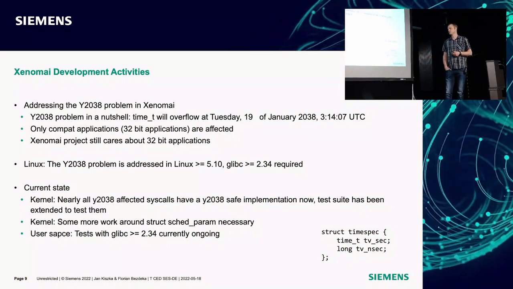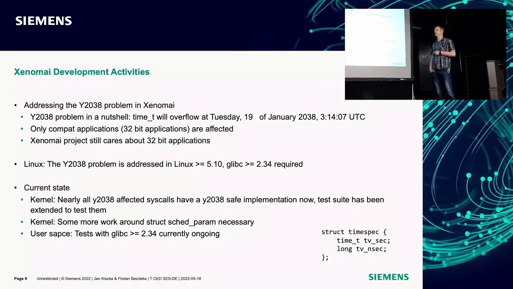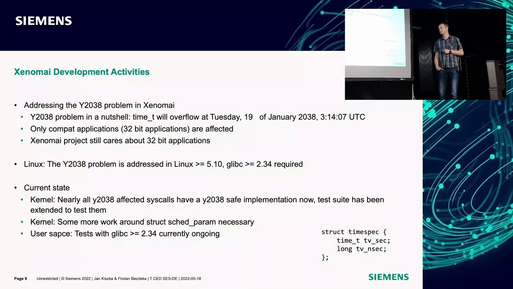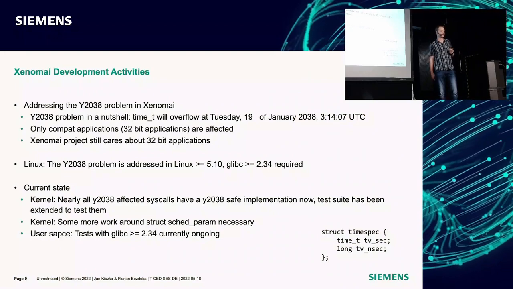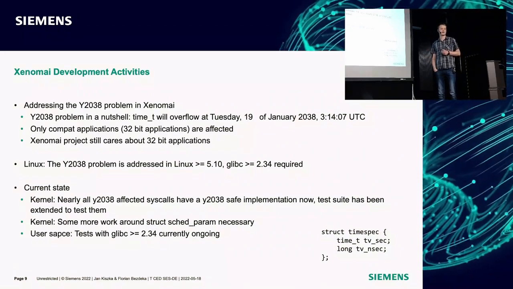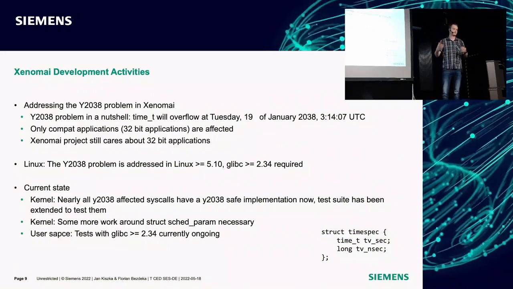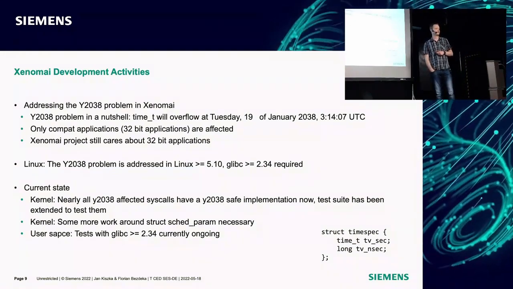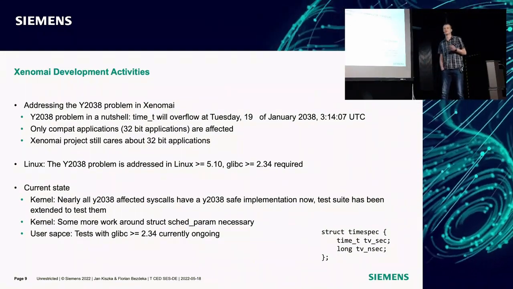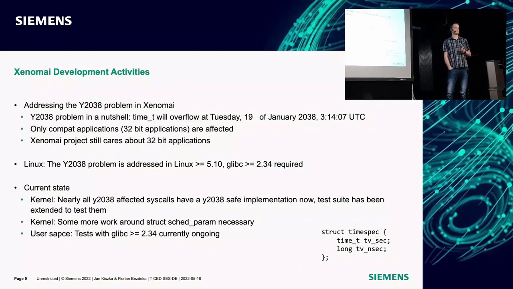The current state is that most of it is already done in the kernel. But you have two parts that have to work together to fix that. You need a kernel that provides all the necessary API, and you need a C library, libc, that uses such APIs.